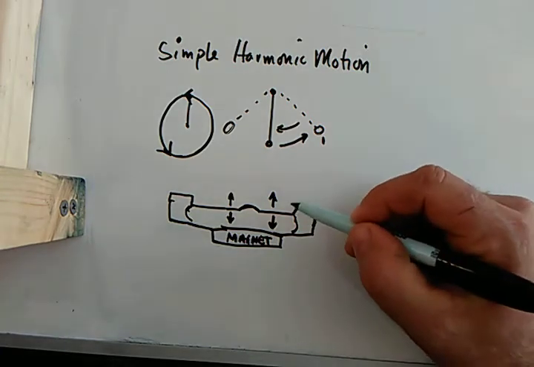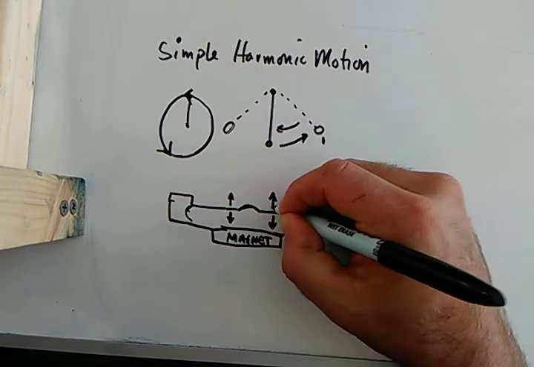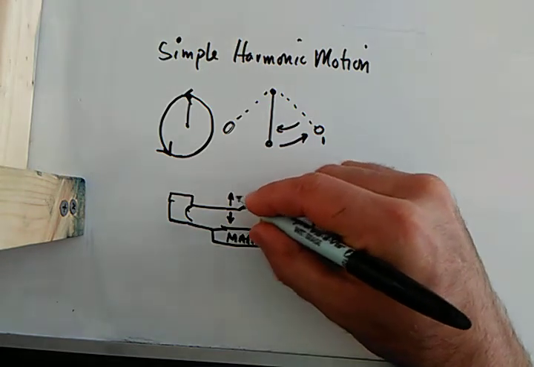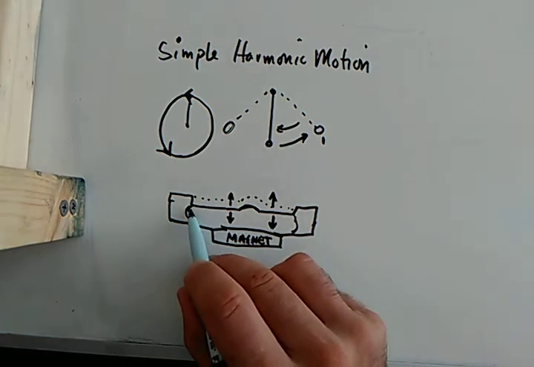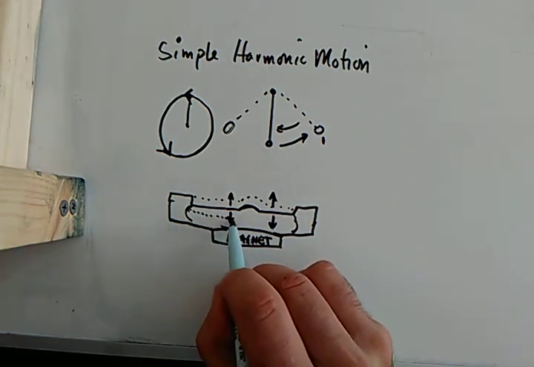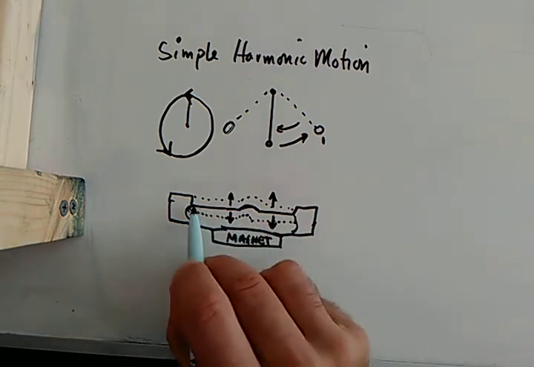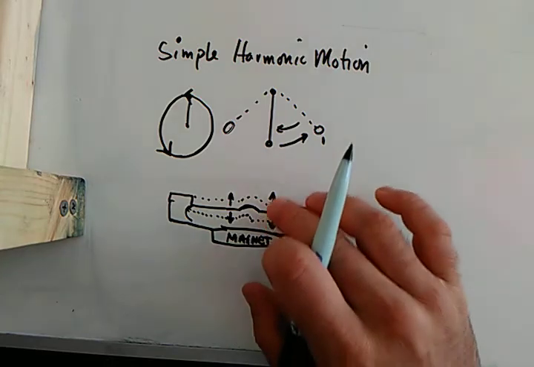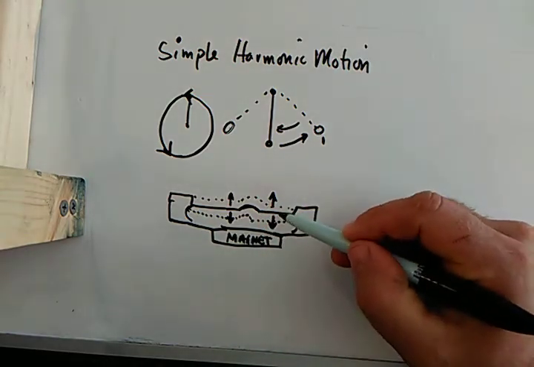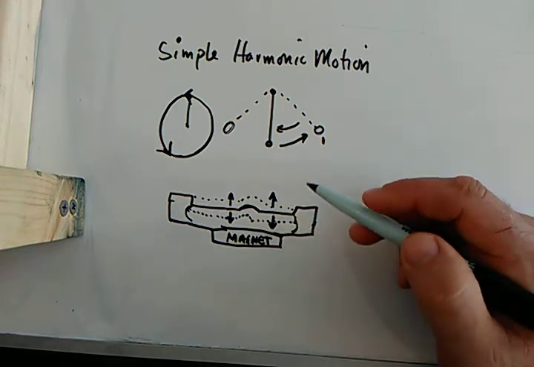So this might vibrate up to this point at its max point, then vibrate back down to this point at its min point. At rest it's sitting here, but then we send electricity through the magnet and it shakes this diaphragm and moves it up and down. This would be a periodic motion as well.